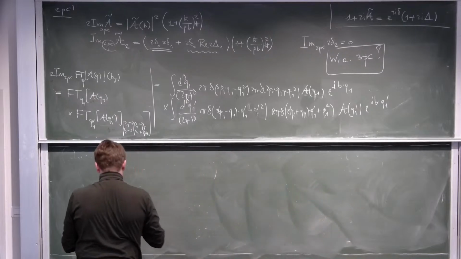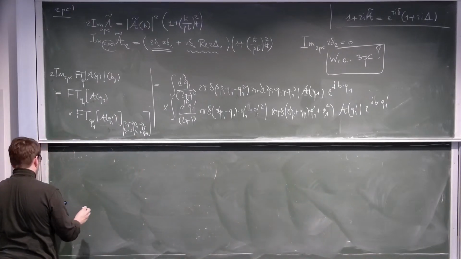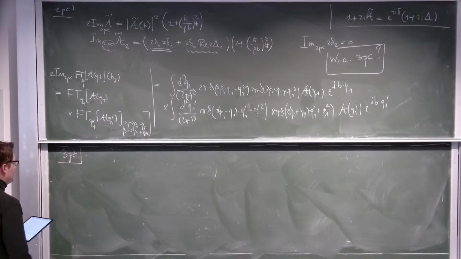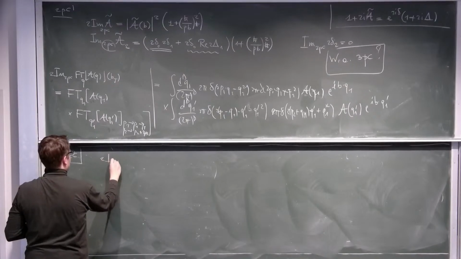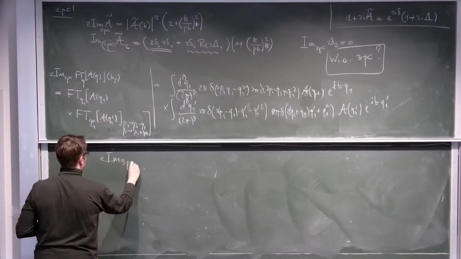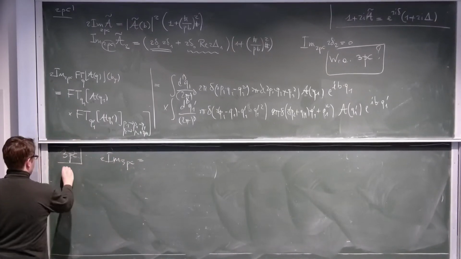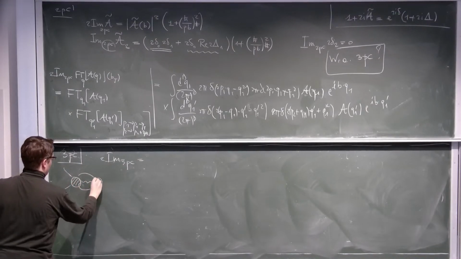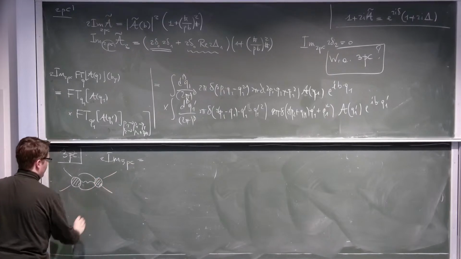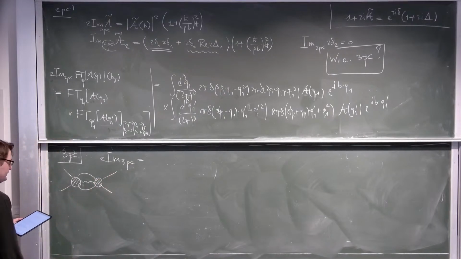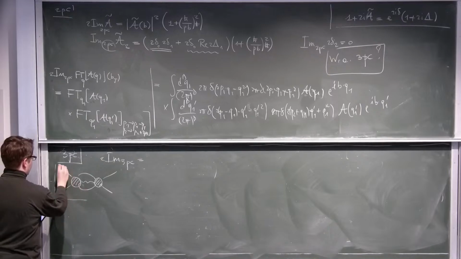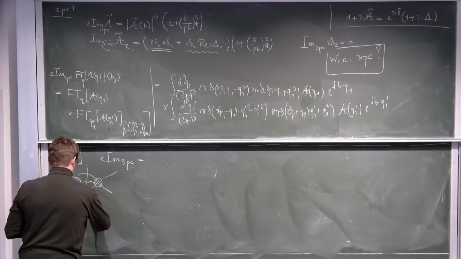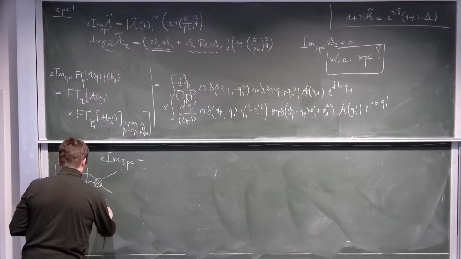So now the three particle cut. Let me start by writing it down: the imaginary part of the three particle cut. Essentially, the drawing that we have in mind is this one. So we need a new ingredient, which is this 2 to 3 amplitude that up to now we never introduced. Let me define a notation for it.